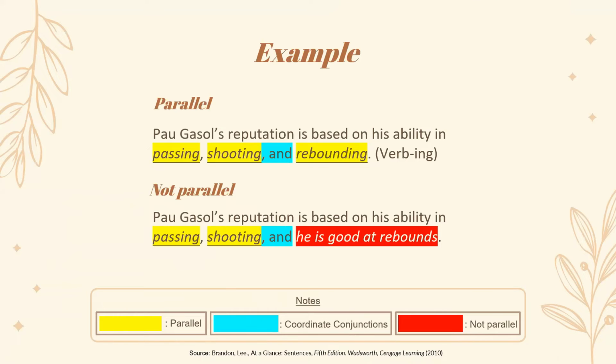Passing and shooting are really the same, but this sentence, he is good at rebounds, doesn't have the same pattern as the others. In simple words, it is not in the form of a gerund. Instead, this is an independent clause. That is why we cannot say that this second sentence is parallel, because they don't have the same patterns.